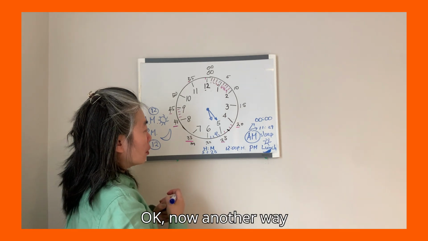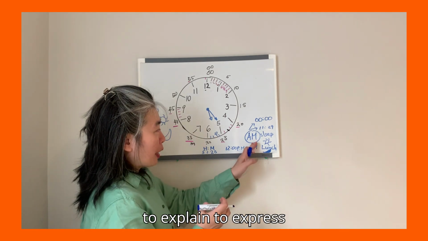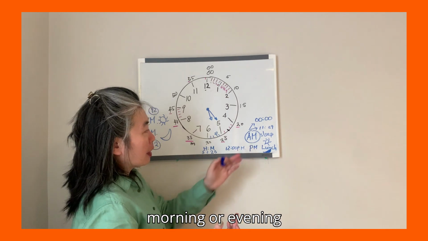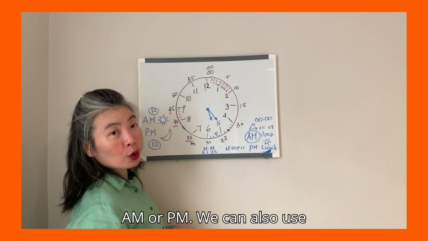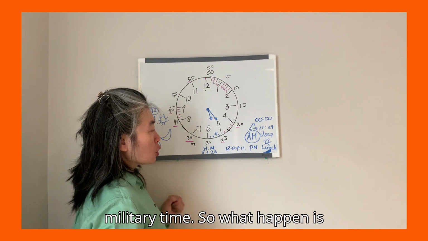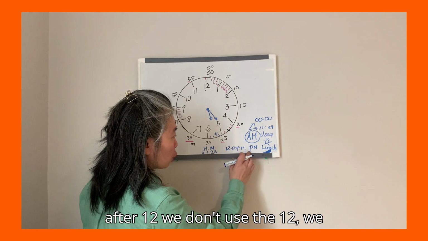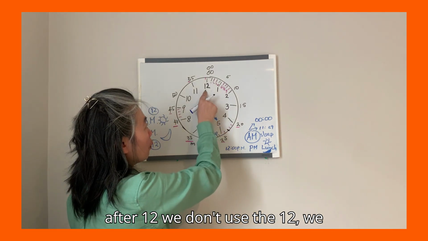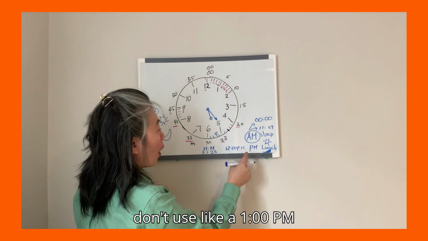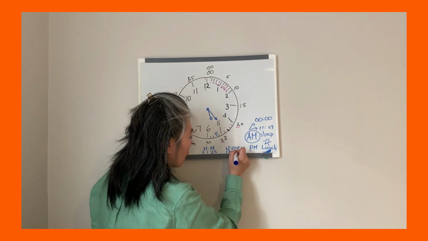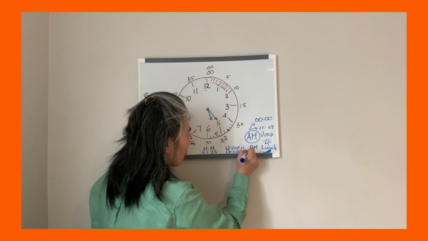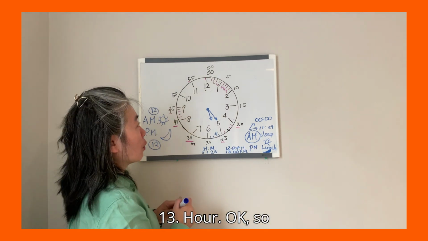Okay, now another way to express morning or evening, AM or PM, we can also use military time. So what happens is after 12, we don't use the 1 p.m. You always add 12. This will become the 13 hour, okay?